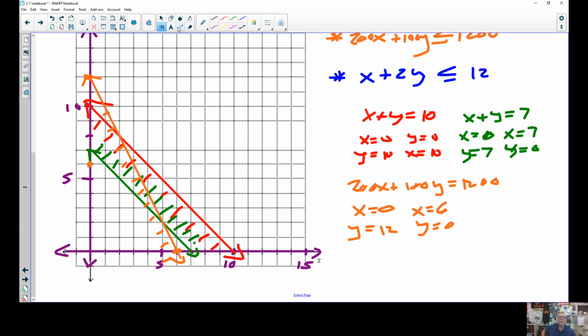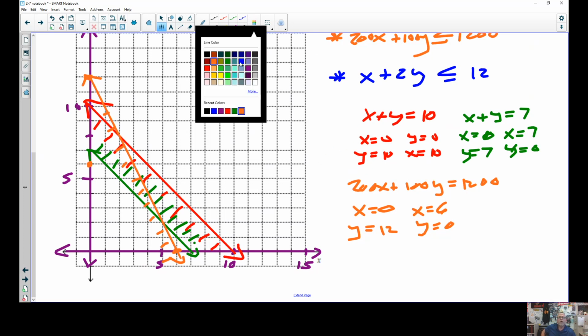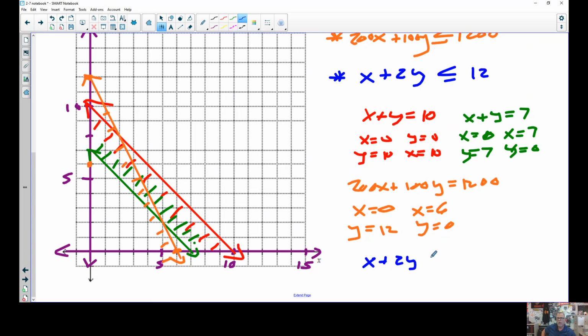And we've got one more to do. We've got our x plus 2y equals 12. And we need to graph that. So x equals 0, y equals 6, y equals 0, x equals 12.